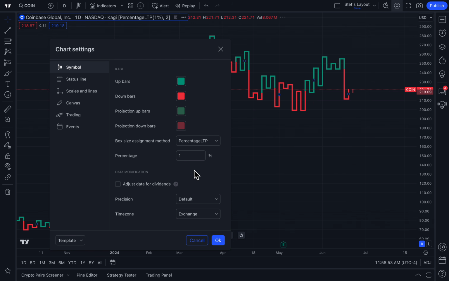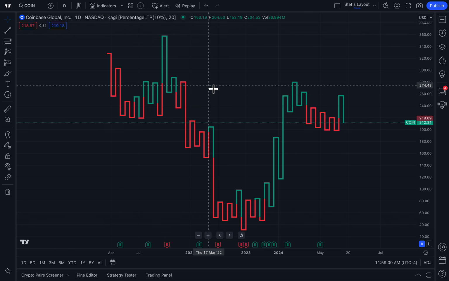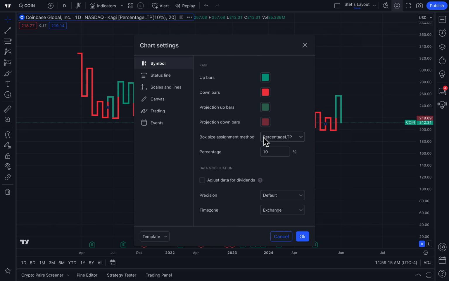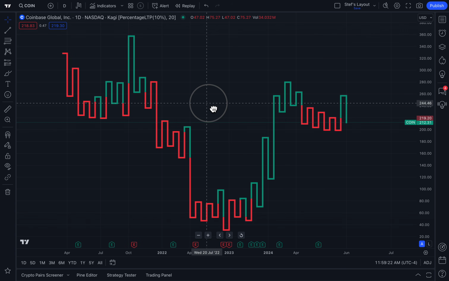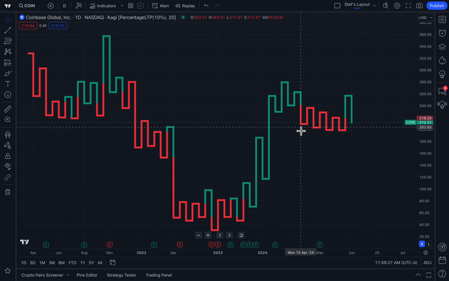There's also percentage here. So a percentage point, this says percentage 1. If we do 10%, well, you guessed it, that means each reversal point is marked by a 10% move, and that might be rather profound actually to explore, because perhaps you're only trying to catch big moves. So you could go to your chart settings, you could then select a box size assignment method to percentage LTP, percentage, type in your percent, and then follow the symbol based off of these reversals that are being constructed on the percentage move that you have typed in.